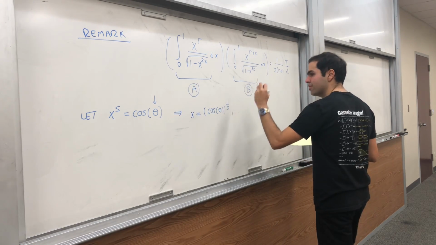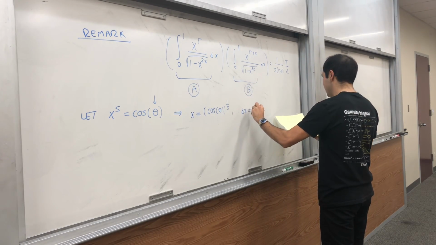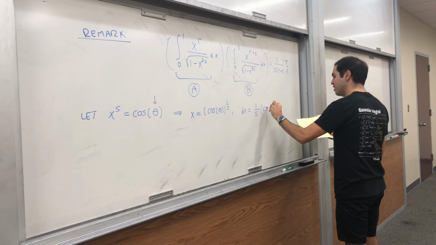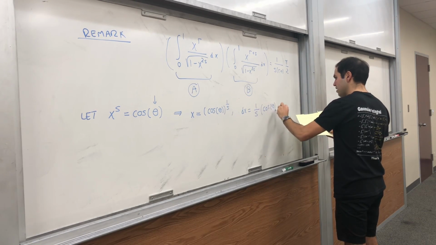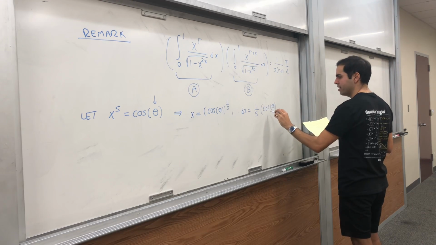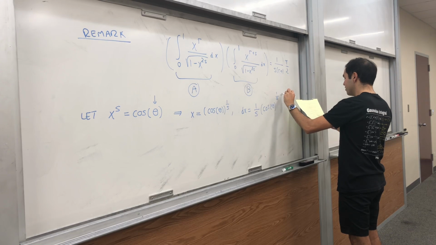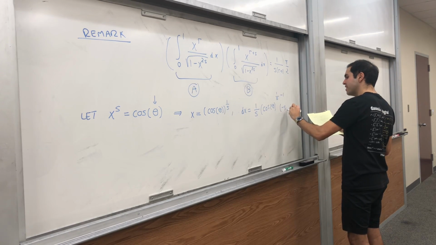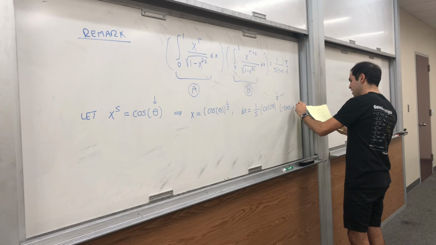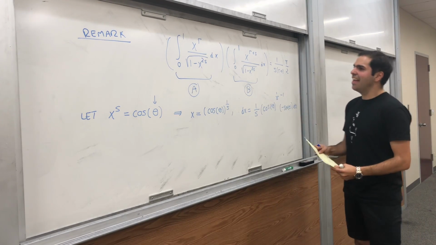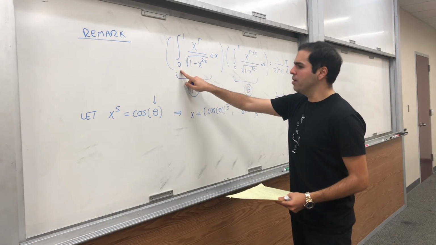And then the usual dx is, again, use the chain rule, 1 over s, cosine of theta to the, I think, let's see, 1 over s minus 1, and then minus sine of theta d theta. So that's our dx, and then, what becomes of 0?